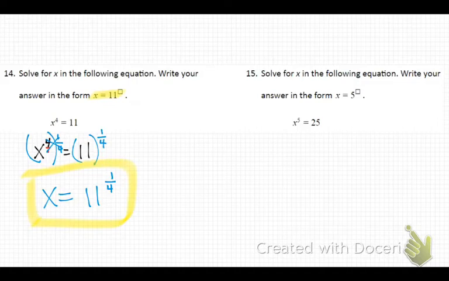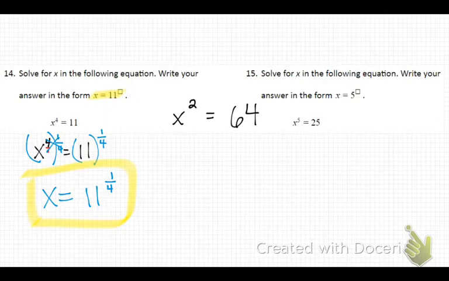Yes, question. Why did I do the reciprocal? Good question. Okay, if I give you x squared, this is not on your paper, but if I give you x squared equals, I don't know, let's say 64. Okay, you guys know what that is, right? But in order to get rid of the square, what do I do to both sides normally?